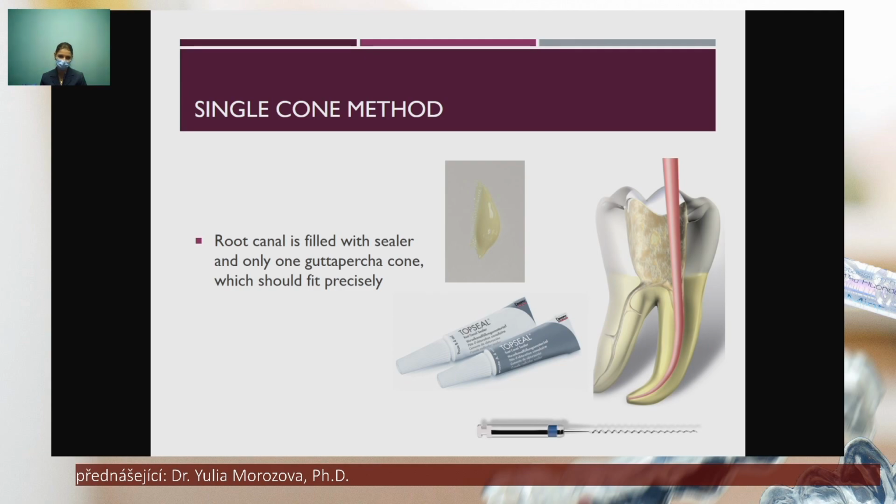For example, bioceramic sealers are used with the single taper method when we put the gutta percha of special taper in combination with these sealers. But please, once more, don't confuse these two methods.